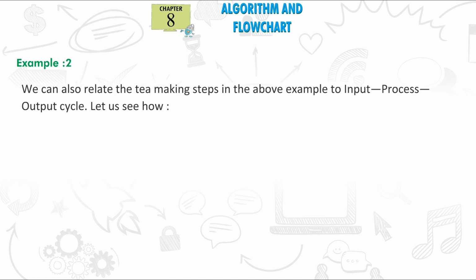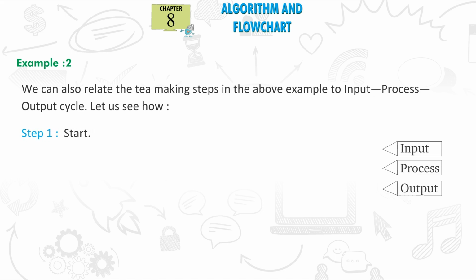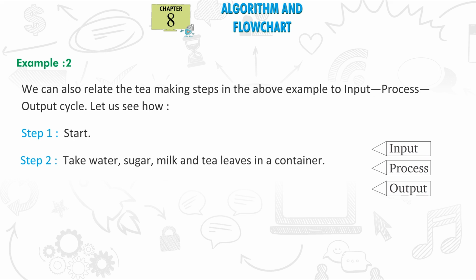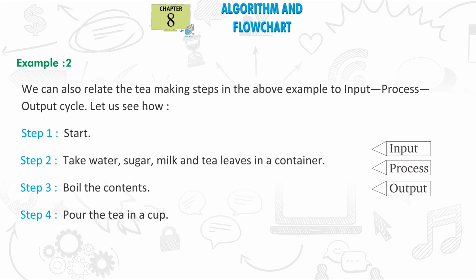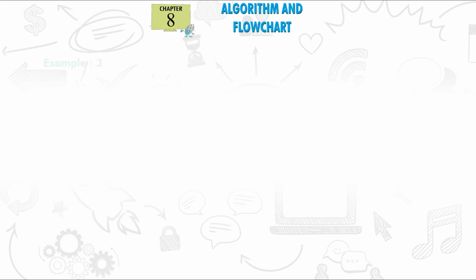Let us see how. Step 1. Start. Step 2. Take water, sugar, milk and tea leaves in a container. Step 3. Boil the contents. Step 4. Pour the tea in a cup. Step 5. Stop.